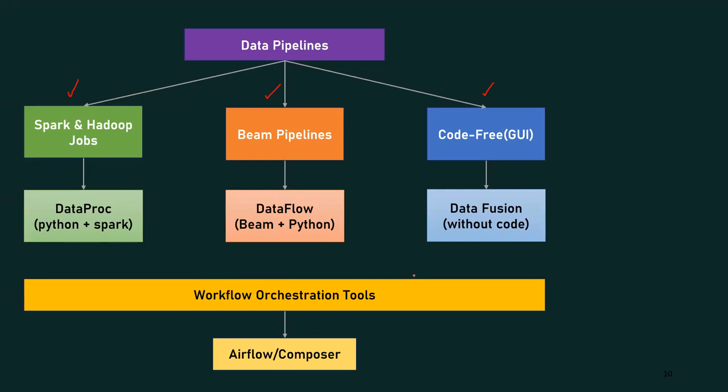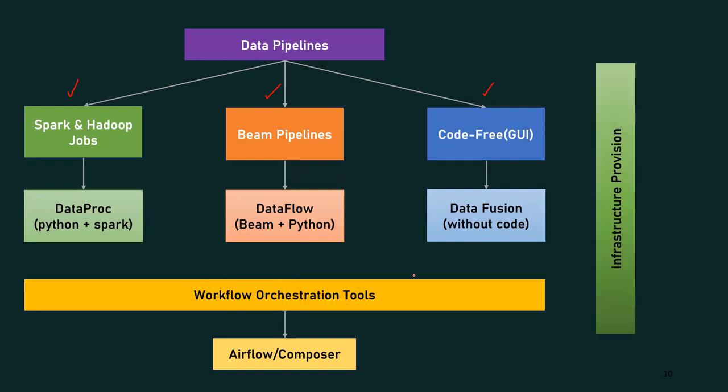We need to learn about Airflow or Composer. Both are the same, just a different name. That's it. And if we wanted to build your infrastructure, we are going to learn about Terraform also. So this is what we are also learning, sir. Okay, so we are learning about Dataproc, Dataflow, Data Fusion, Airflow, and Terraform.